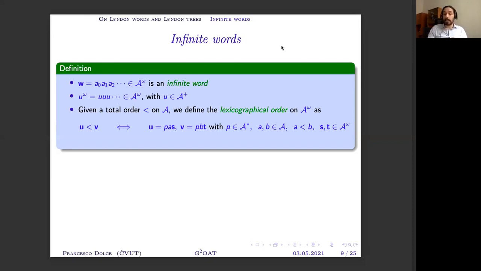And we can do it using almost the same definition, saying that an infinite word u is smaller than an infinite word v if in our infinite vocabulary it comes before, and that means that, well, okay, we cannot have one being a prefix of the other, but we can have that u and v start with maybe some common prefix p, which could be empty or not, and then at the first mismatch a and b, I have that a is smaller than b. So just imagine your classical vocabulary, but with infinite words instead of finite ones.